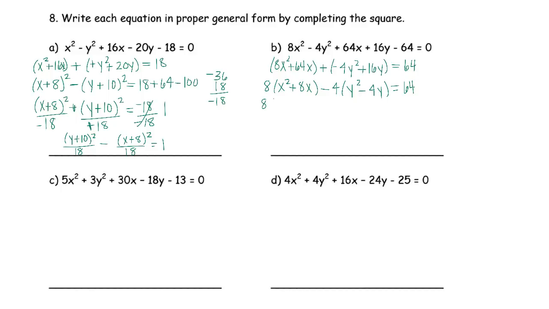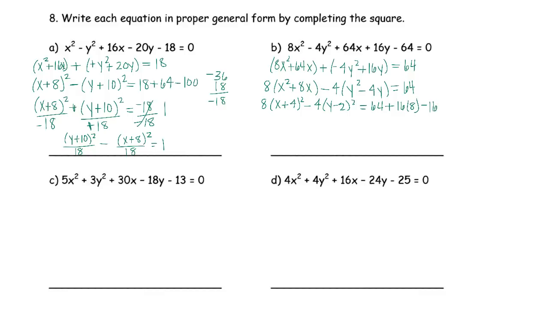So we're going to have 8 times x plus 4 all squared minus 4 times y minus 2 all squared. And that's going to be equal to 64 plus, that's going to be 16 times 8 over there. My goodness, that's a huge number. And then we're going to have minus, because we do have a negative here, minus, let's see, 4 times 4 is 16.